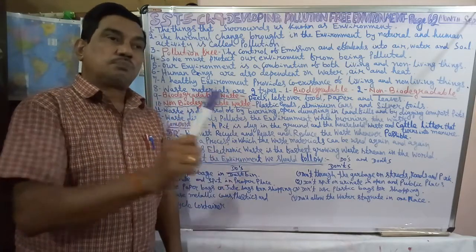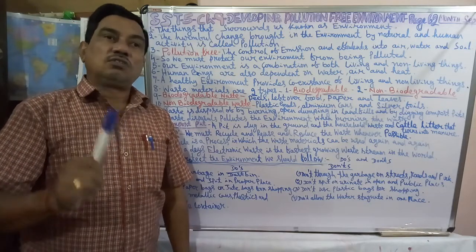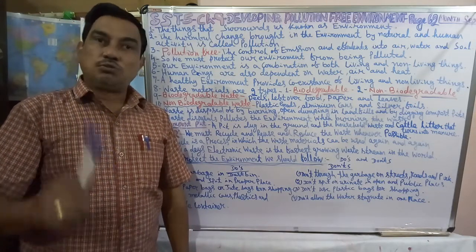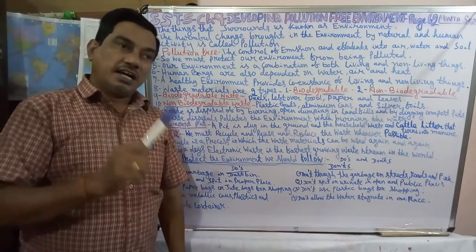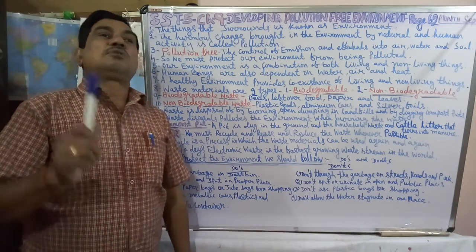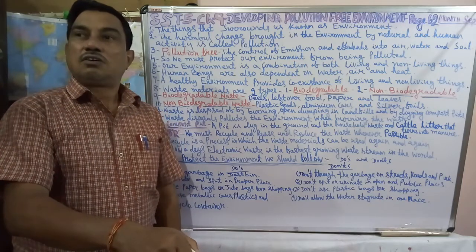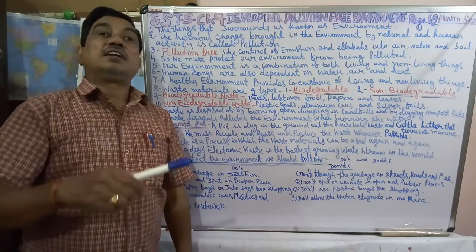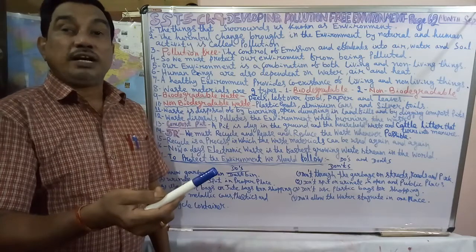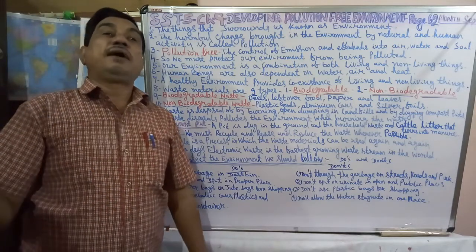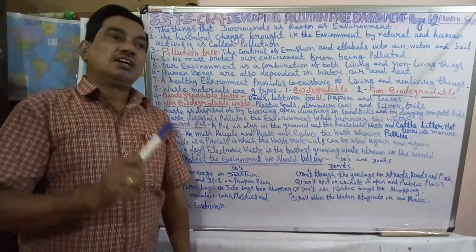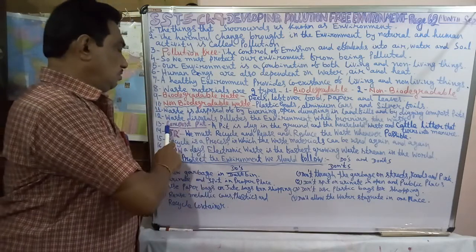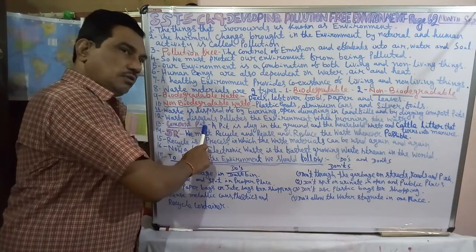A compost pit is dug on the ground, and the household waste, cattle litter and dung are dumped in the compost pit, and this waste turns into manure. So we must recycle. 3R to be remembered. Compost pit, do you understand?